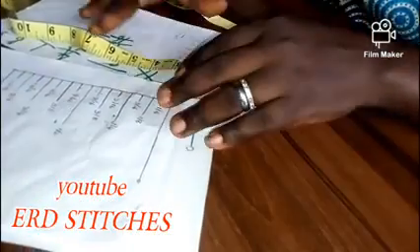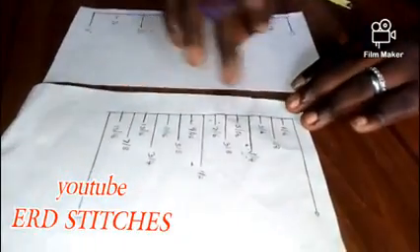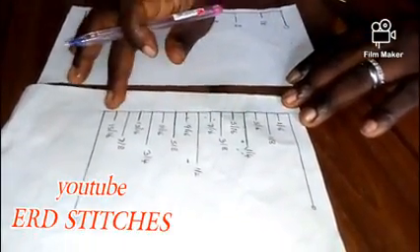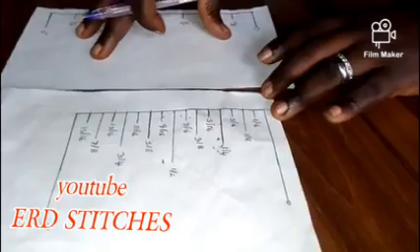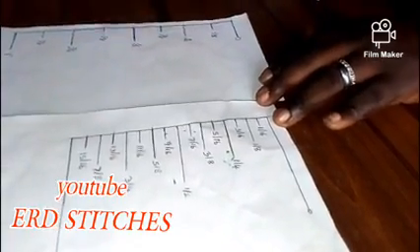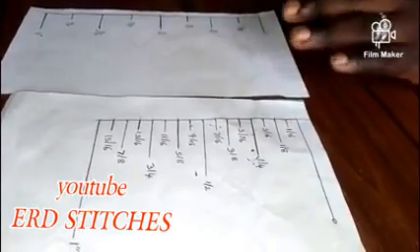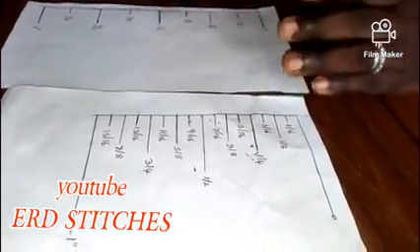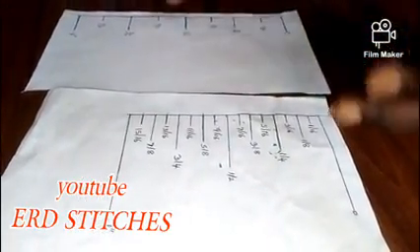You have to be familiar with it. So if I were you, I will just try to draw something like this, especially for the beginners. You draw something like this and find a place in your house, wherever you sew, and paste it there so that you can be reflecting on it until you master it.